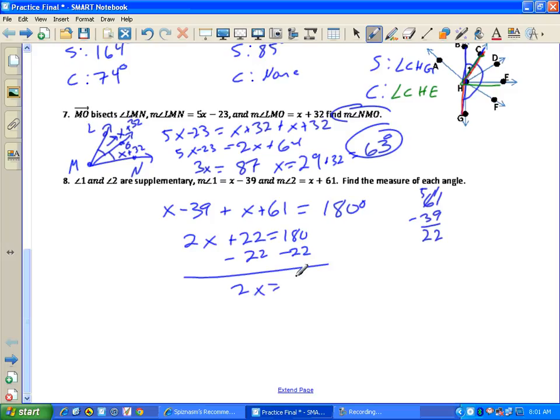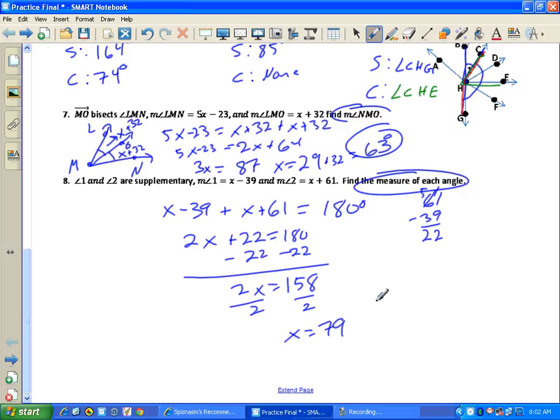I get 2x equals 158 divided by 2. X is 79. They want the measure of each angle.